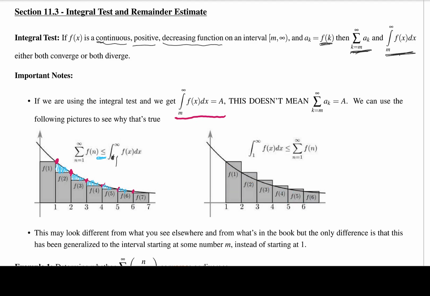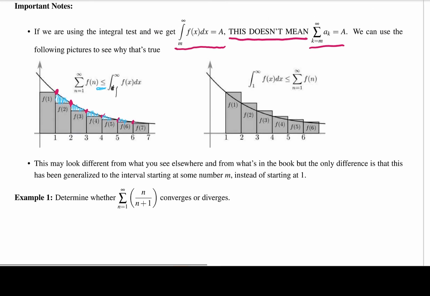So the sum is going to be calculating all of this extra amount, right? And so in this case, we can say that our sum is going to be greater than the integral, right? So this is just some support for reasoning for why these two are not equal, okay?